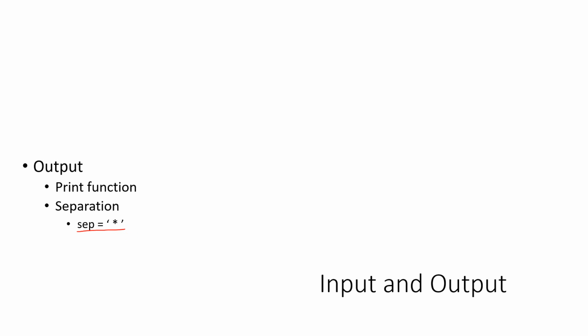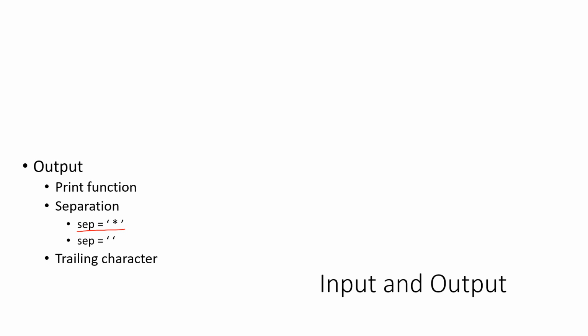Let's see how to use it in a print statement also. And if you want to use only the white space, then we can use empty single quotes that will give white space.